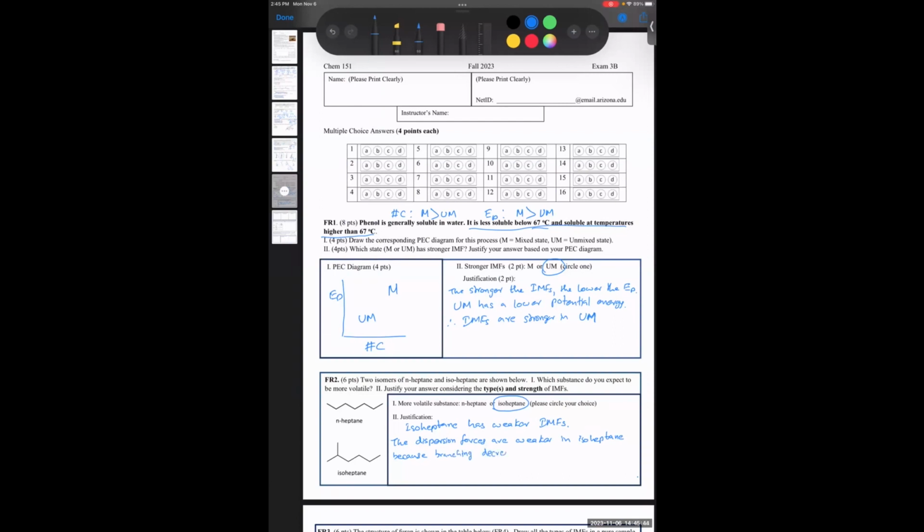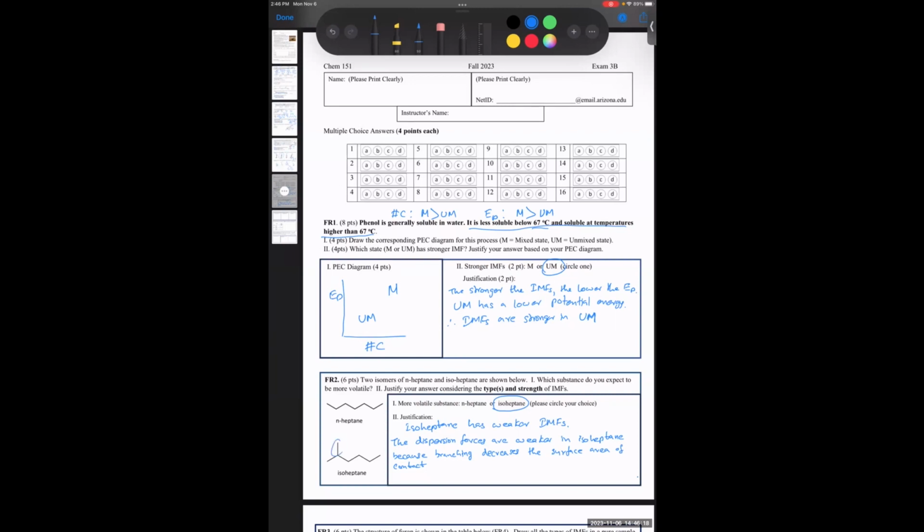decreases the surface area of contact. When you have a lower surface area of contact, you're going to have weaker intermolecular forces, because if the molecules cannot come closer to each other, then they cannot have strong interactions.